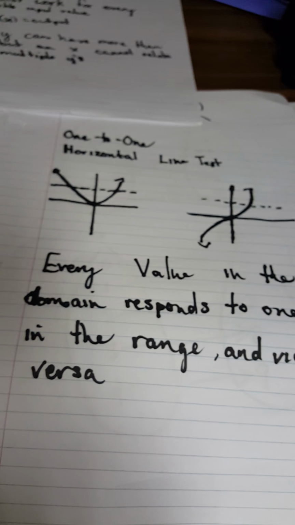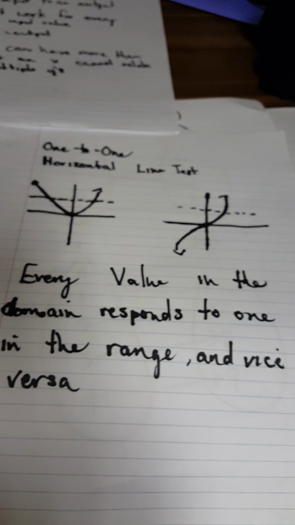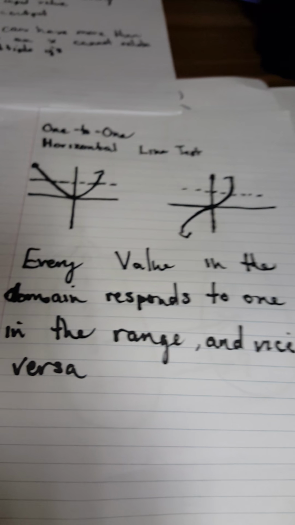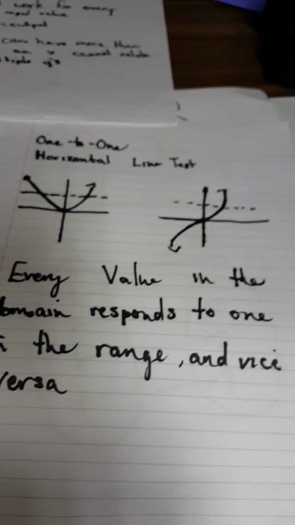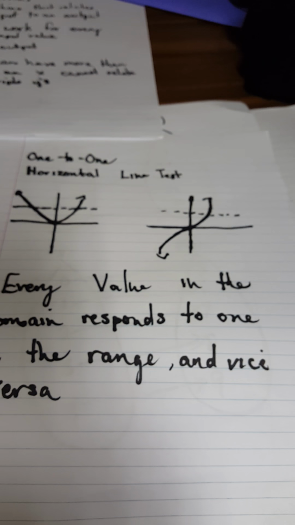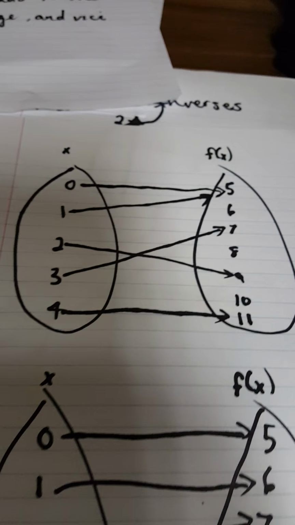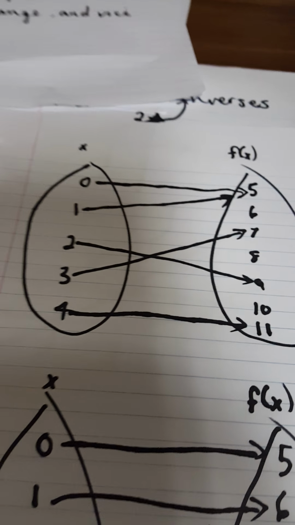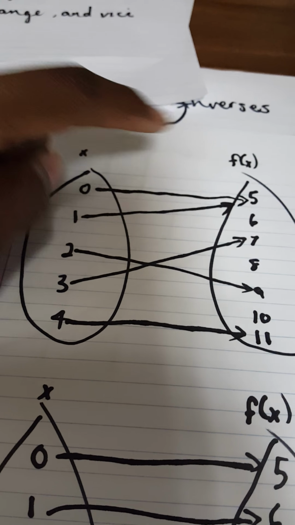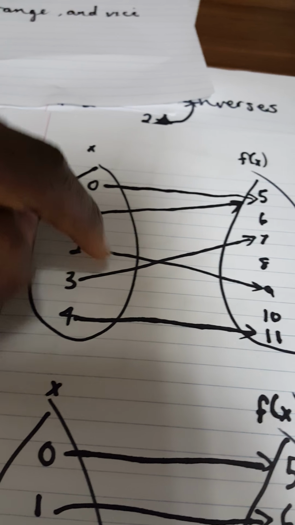So every value in the domain corresponds to one in the range. Yes, that means it's a function. But when every value in the range corresponds to the domain, it is a one-to-one function. Remember, this is a function because every x only has one output.